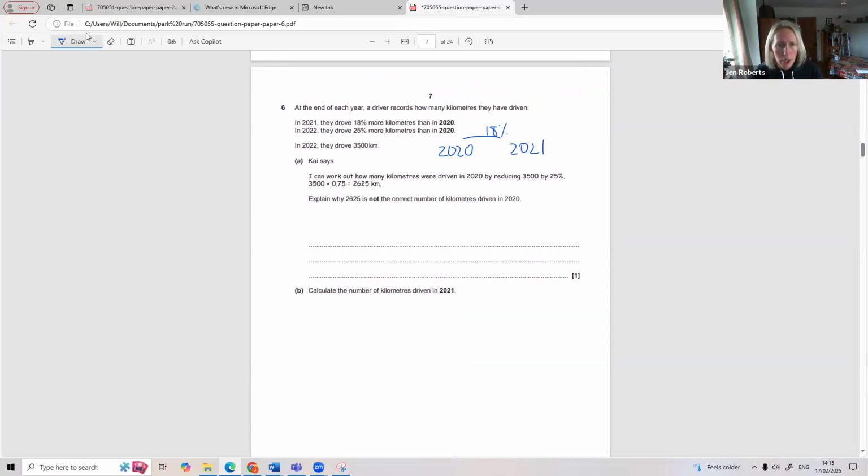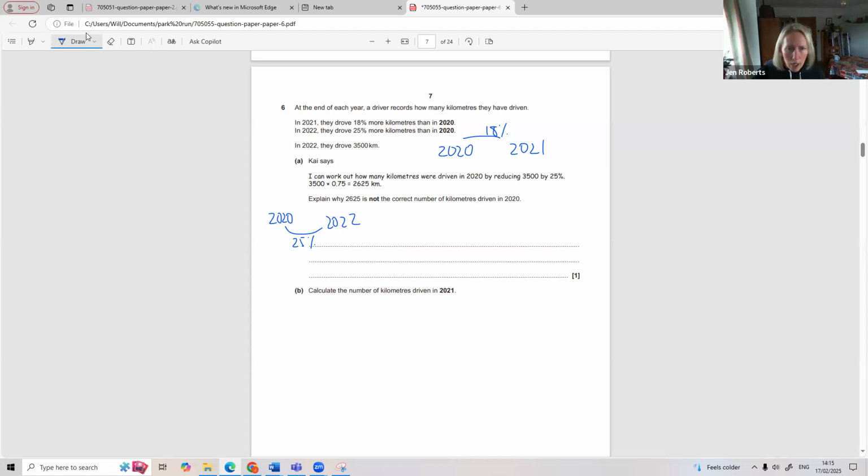In 2022, they drove 25% more than 2020. Let me just put that here. In 2022, they drove 3,500 kilometres.